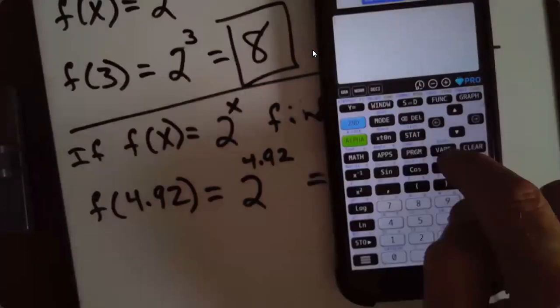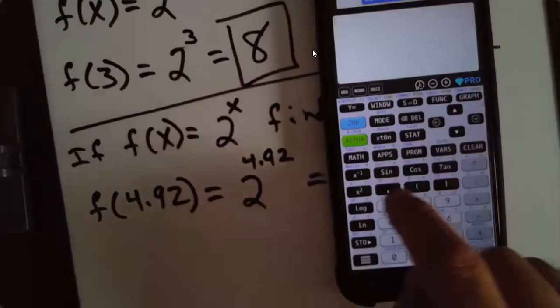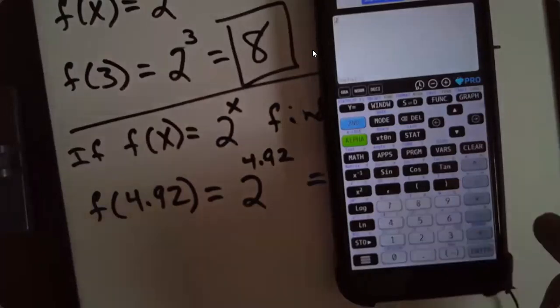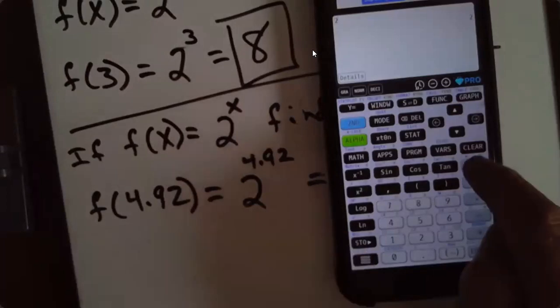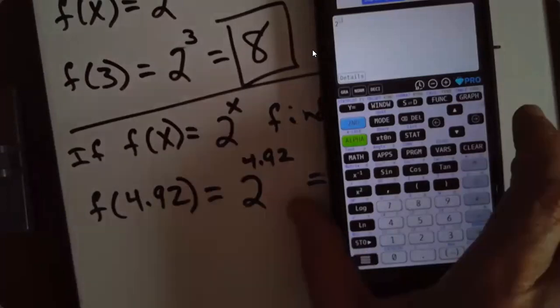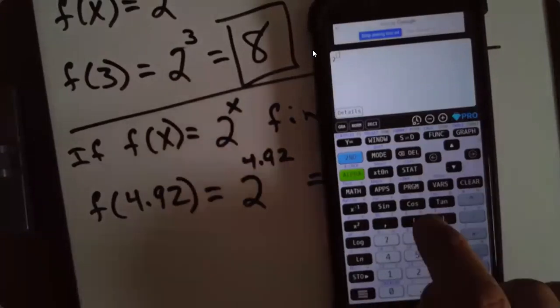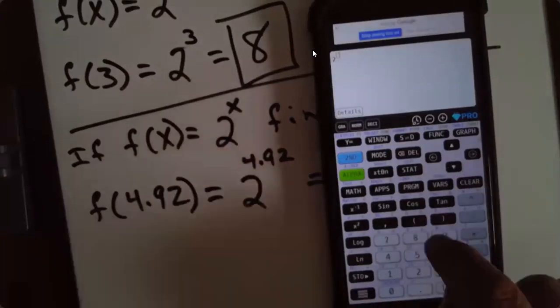So we put in 2, and then this exponent looking button here, and we put in 4.92.